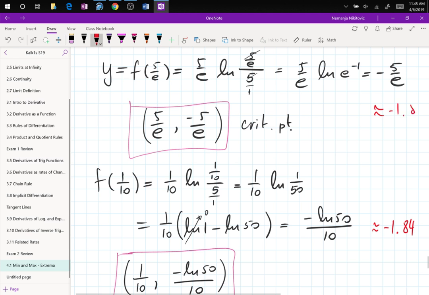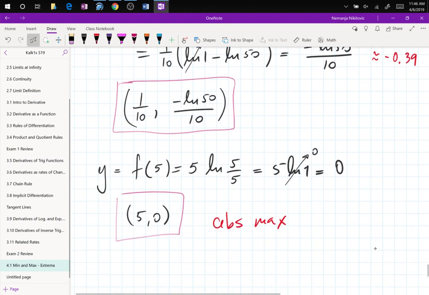Approximately -1.84. And the second one is ln 50 close parenthesis divided by 10, about -0.39. So we see that the upper value is more negative, which means that will be our absolute min. So the absolute lowest point of all the points that we calculated is that one, and it's negative. And then the highest is the one on the bottom, which is 0.